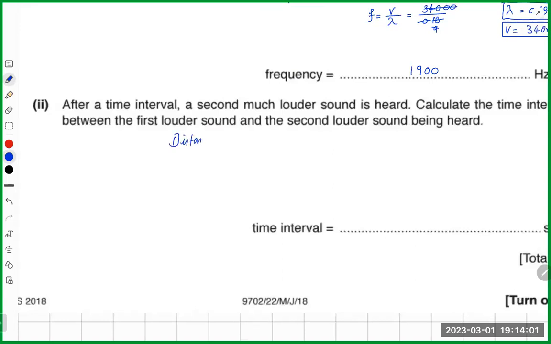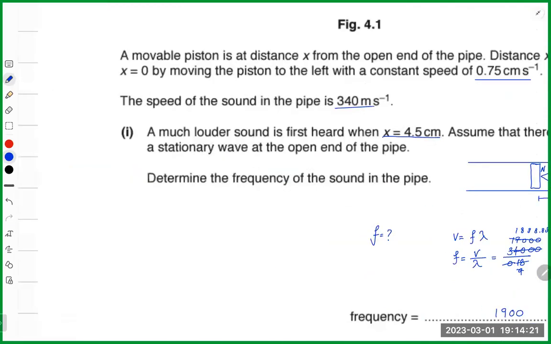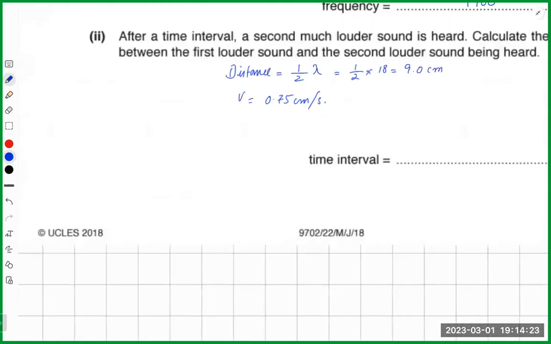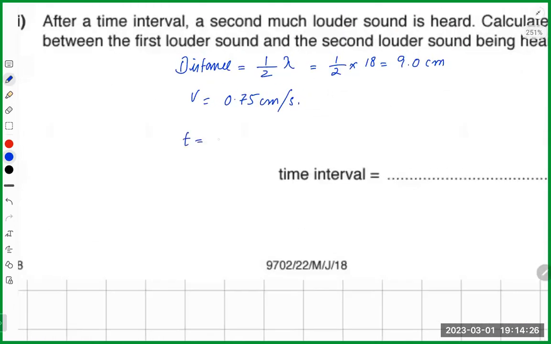Distance must be 1/2 lambda, which is 1/2 into 18, 9.0 centimeters. Speed equals 0.75 centimeters per second. So time will be equal to distance divided by speed, which is 12 seconds.